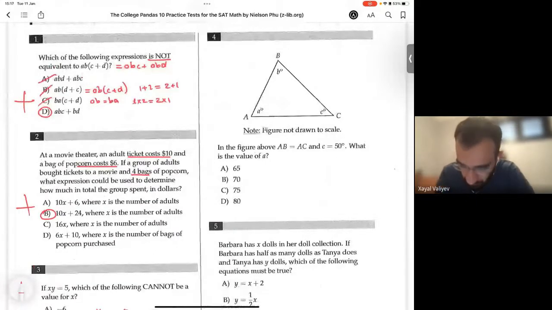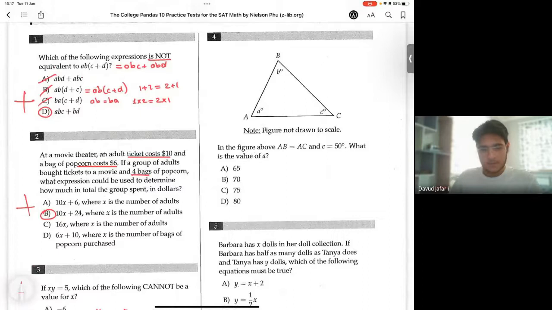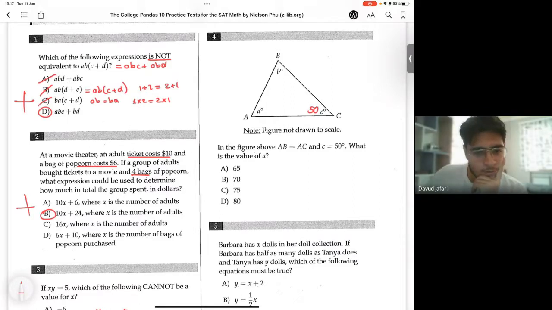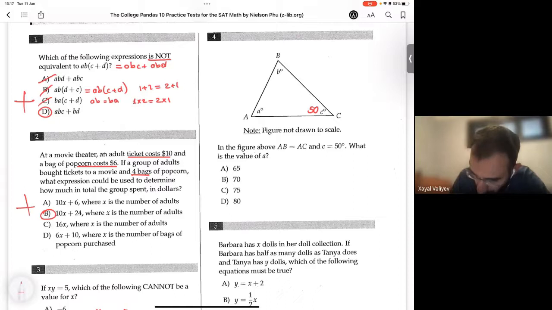Let's do question 4, a geometry. In the figure above, AB equals AC and angle C is 50 degrees. What's the value of A? AB equals AC, so it's isosceles.